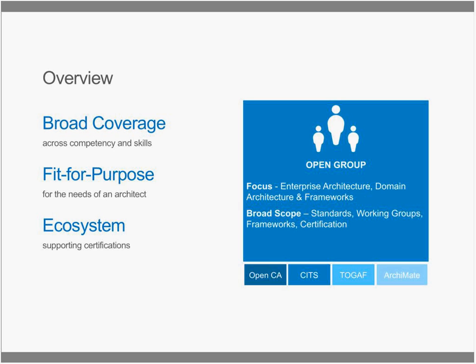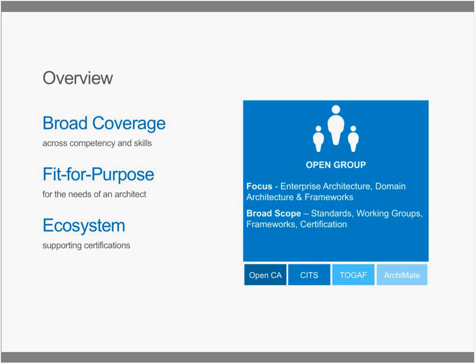It's a purpose. When you look here on the right-hand side, you see four boxes in somewhat of a gradient fashion: OpenCA, CITS, TOGAF, and ArchiMate. These are fit for purpose for what enterprise architects need. So there's not a whole lot of bleed over and overlap in these certifications, which makes it very easy for enterprise architects to pick which path or multiple paths they want to go on.